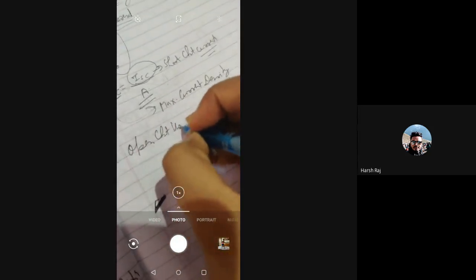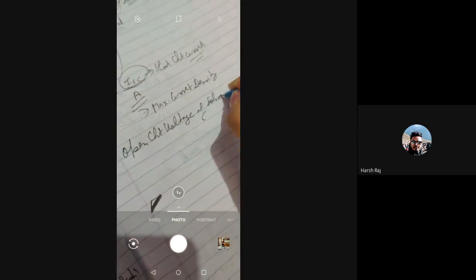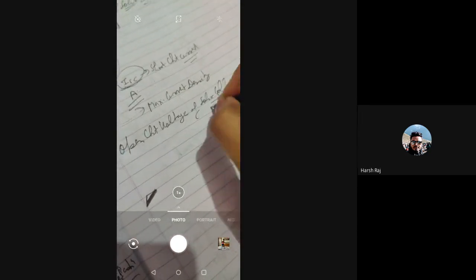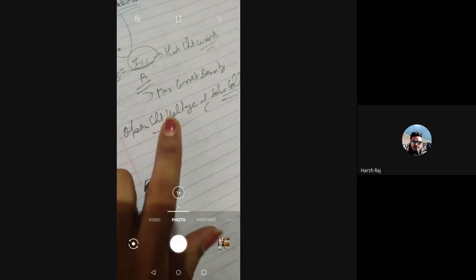The next parameter is the open circuit voltage of the solar cell. So what is this open circuit voltage? Which voltage are we considering as the open circuit voltage?